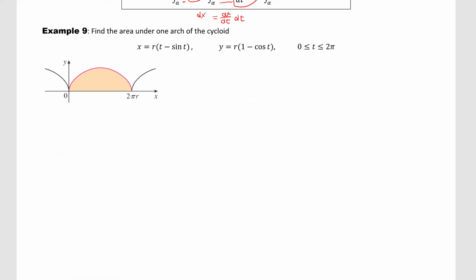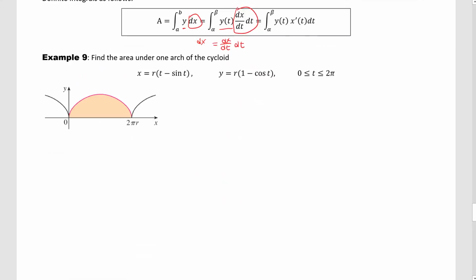Okay, so here, what do we need? We need x prime of t. So what's x prime of t? Well, r stays here. Derivative of t is 1. Derivative of sine is cosine t. Okay, so we have integral, so this is area. t goes from 0 to 2 pi. And then y is r times 1 minus cosine t.